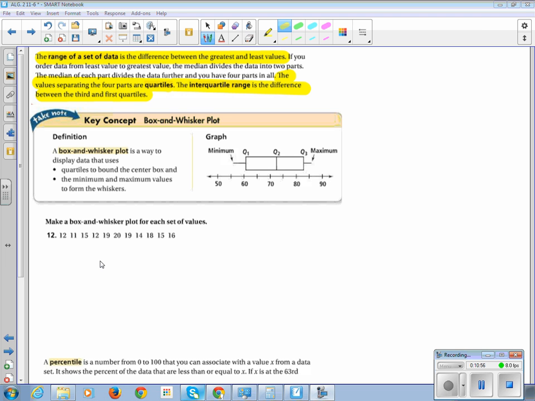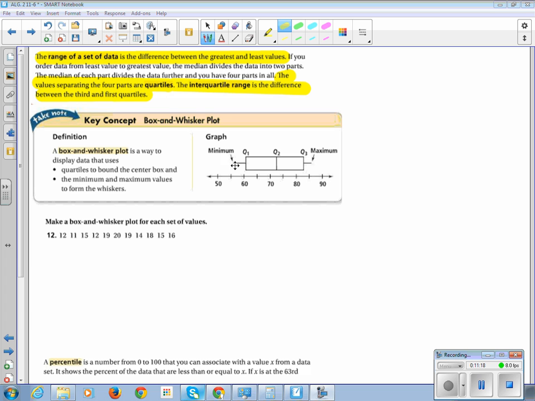So we're going to talk about box and whisker plots, and I wish it were more complicated, but a box and whisker plot is 2 boxes with a little whisker outside of each end of your boxes. And what it does is it breaks up your data into quartiles.